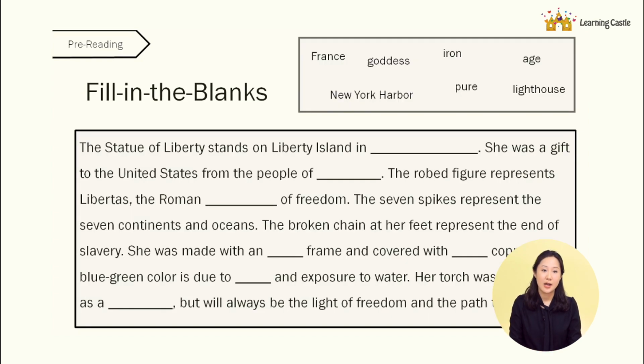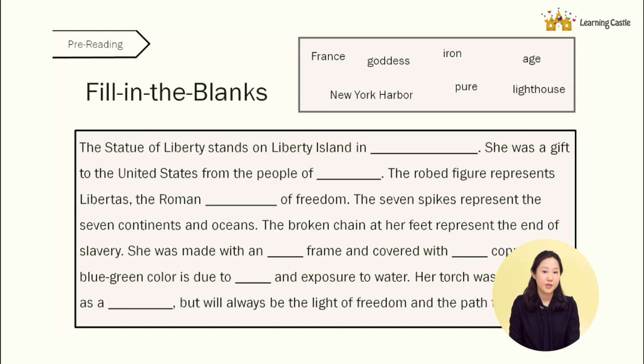So another activity that I would like to introduce is a fill in the blanks. So with your students, read the words inside the word bank. France, goddess, iron, age, New York harbor, pure, lighthouse. And go through this one by one with your students.